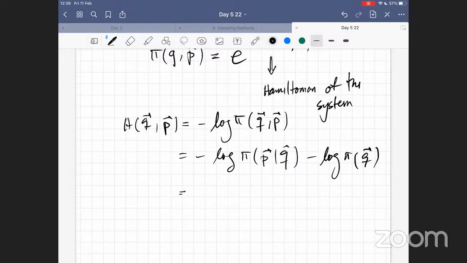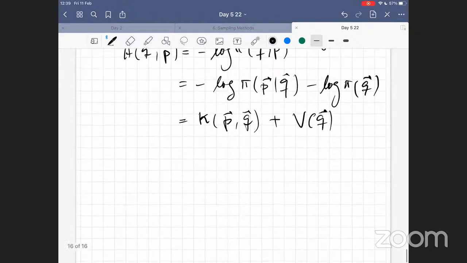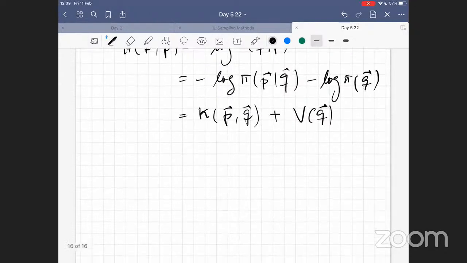So this is written as the kinetic energy plus a potential energy, and so the target distribution is entering into this potential energy, let's say. Whereas this kinetic energy is actually unconstrained.